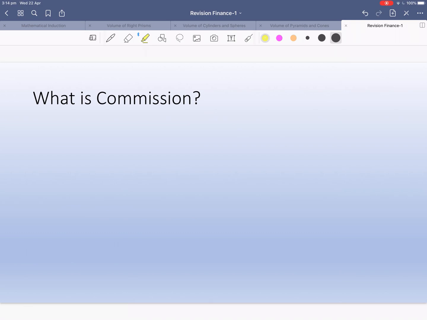All right, commission is another way of getting paid, and this is a percentage of sales normally. All right, so somebody that earns commission is a real estate agent. They get paid a percentage, so it might be 3% of the sale of the house.